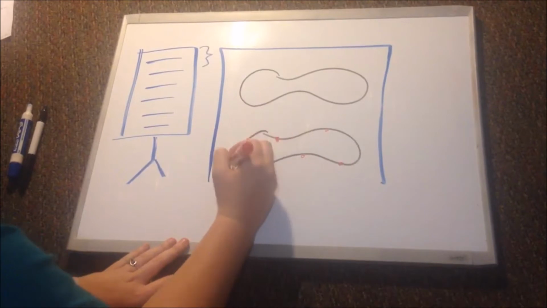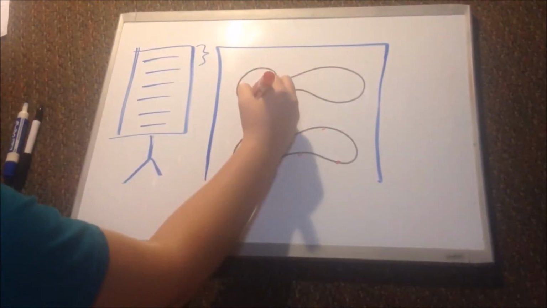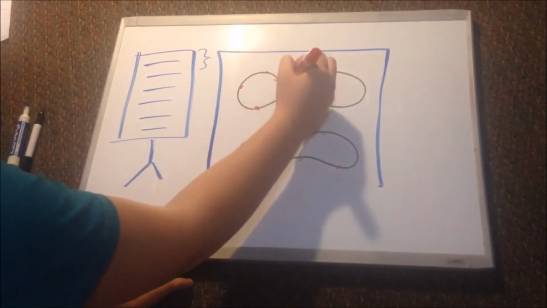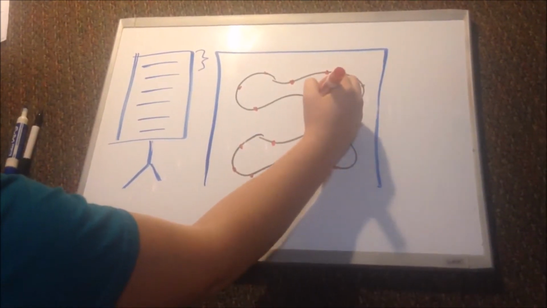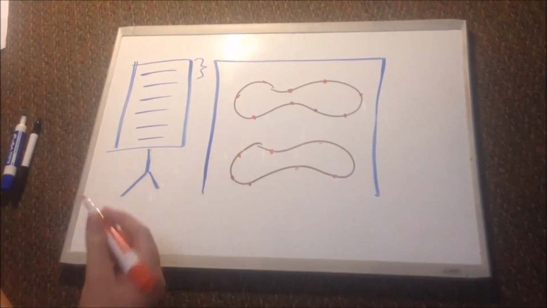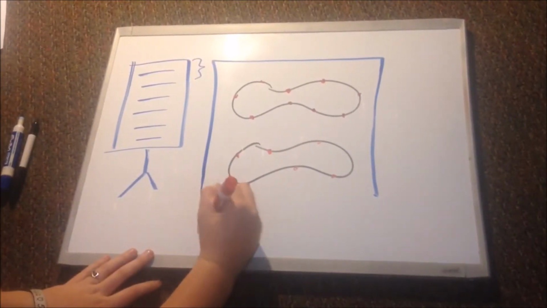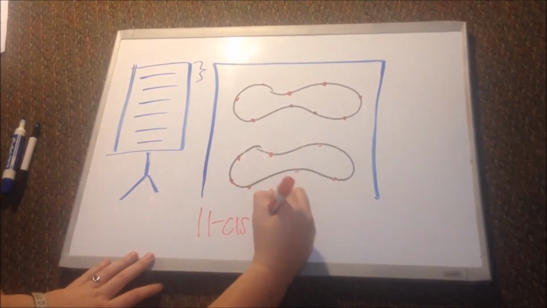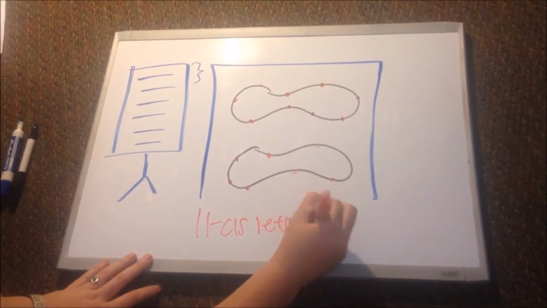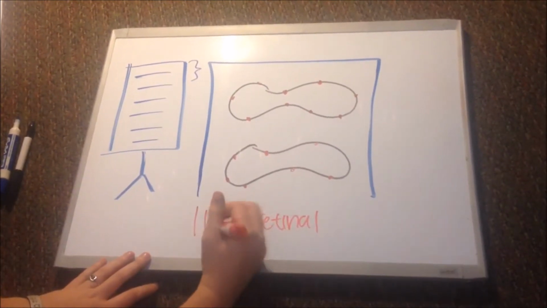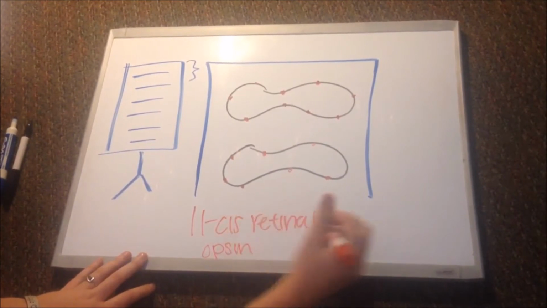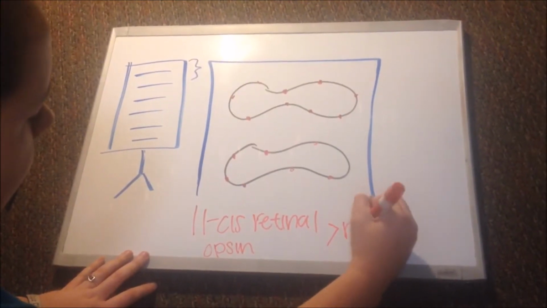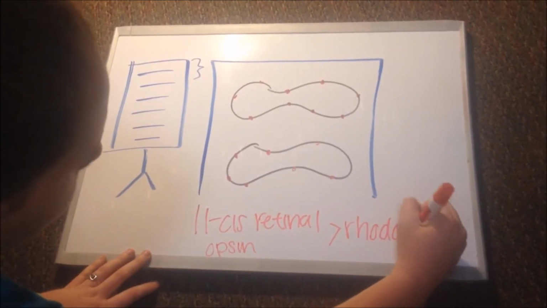And these dots are called rhodopsin. And rhodopsin is made up of opsin and typically 11-cis retinol, which are proteins that combined make rhodopsin.